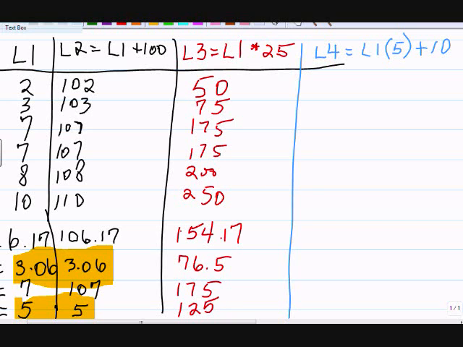So how are we going to put that in our calculator? Put it in the calculator just like that. List 1 times 5 plus 10.